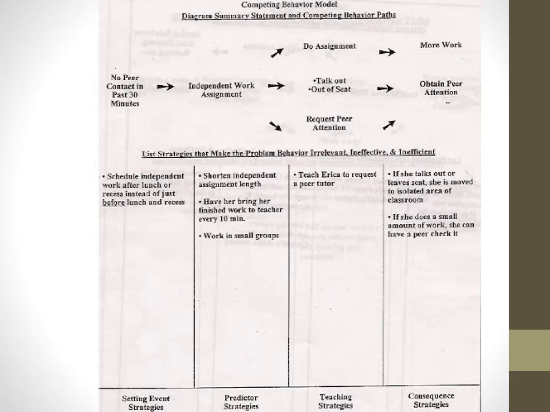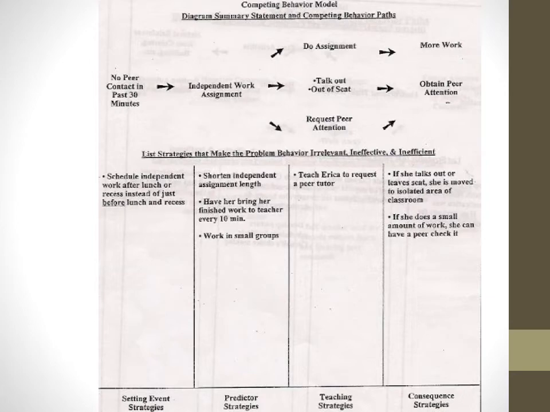Please, let's take a look at this Erica's behavior. Erica's setting event is no peer contact in the past 30 minutes, and the setting event intervention strategy identified by this teacher is very simple.